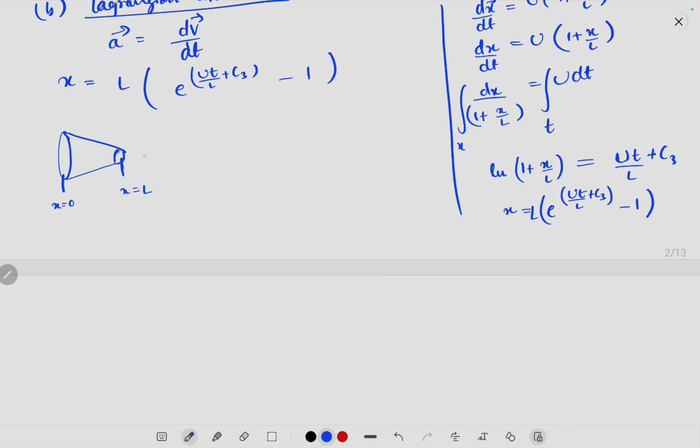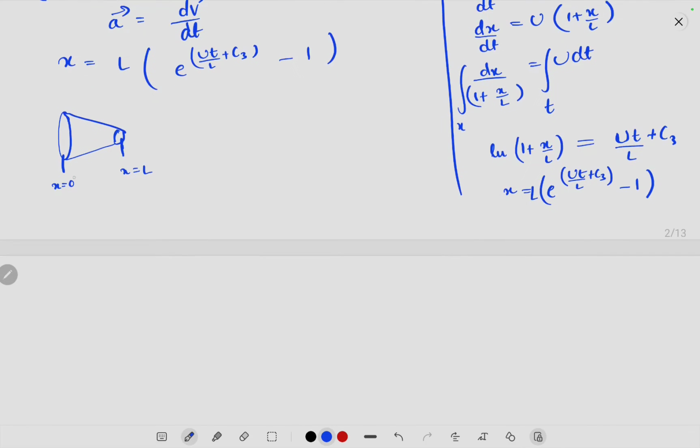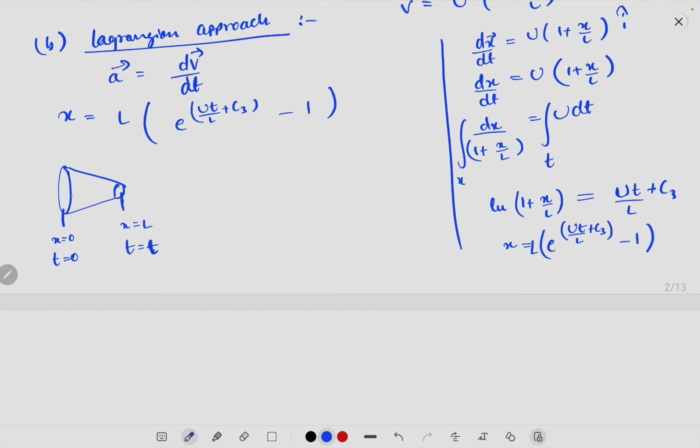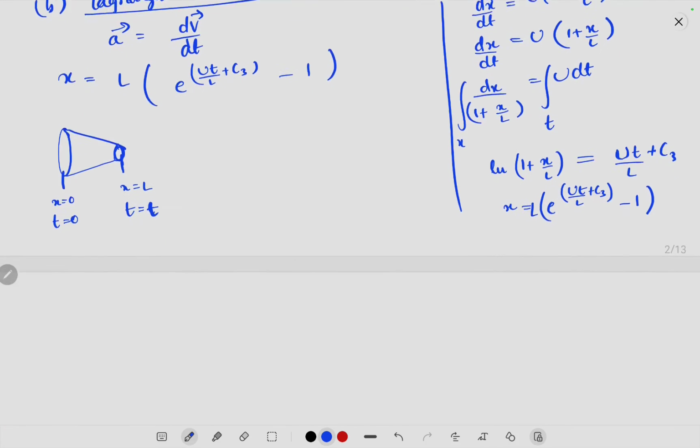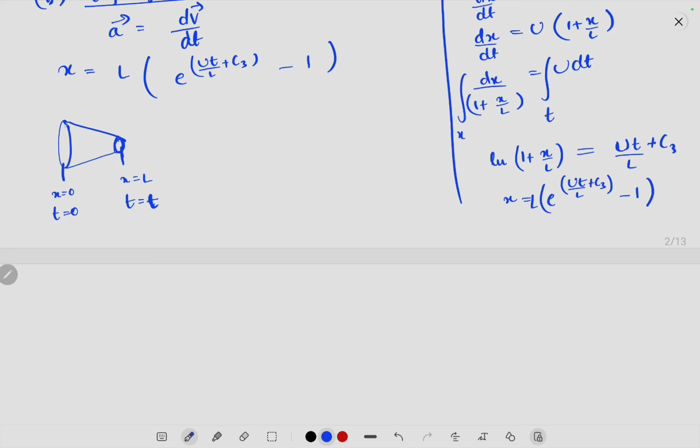Okay, this means that at t equal to 0 I should get x equal to 0, right or not? And at t equal to some t I should get x equal to l, because we are interested in the particle's position, the particle's motion inside this channel, and we are given this velocity vector. So we can argue that at t equal to 0 my particle should be at x equal to 0.